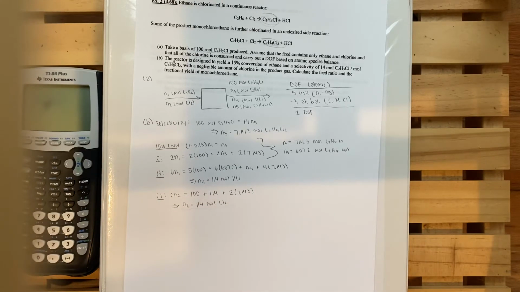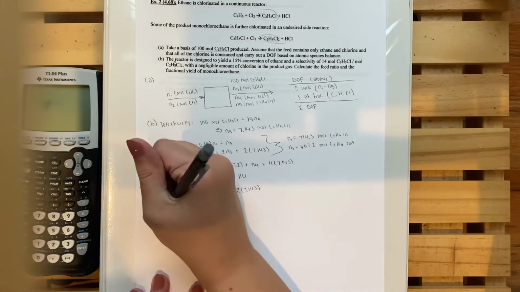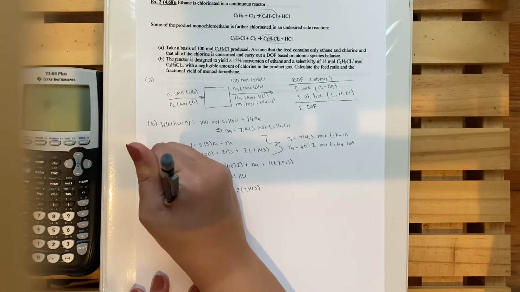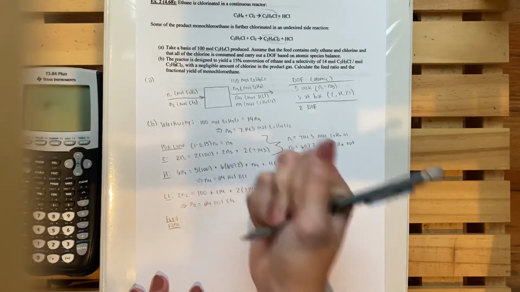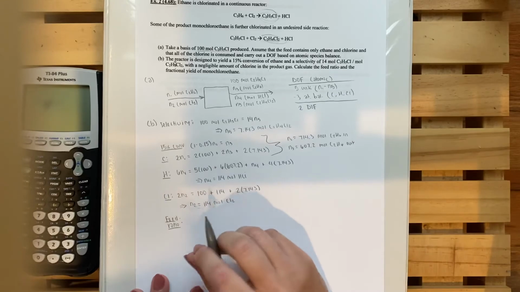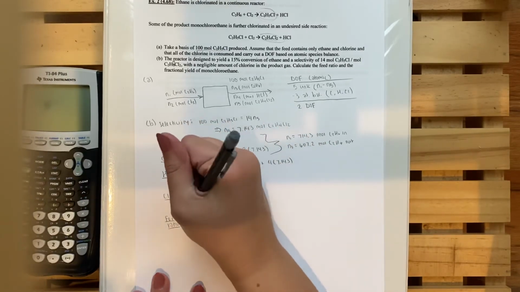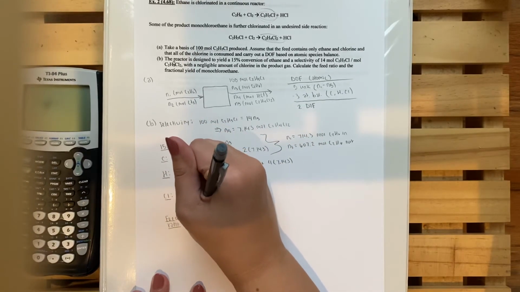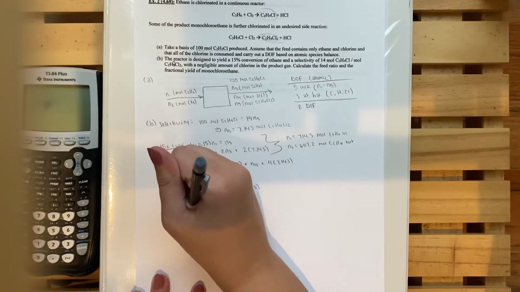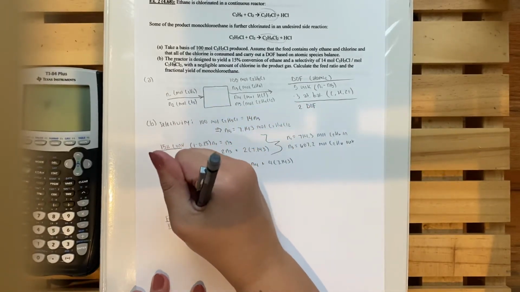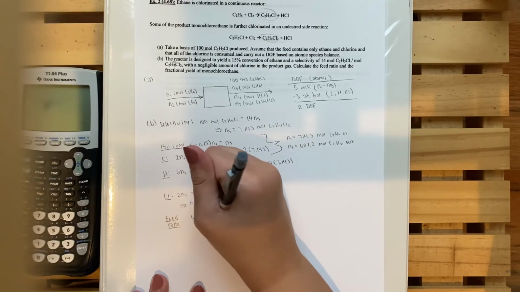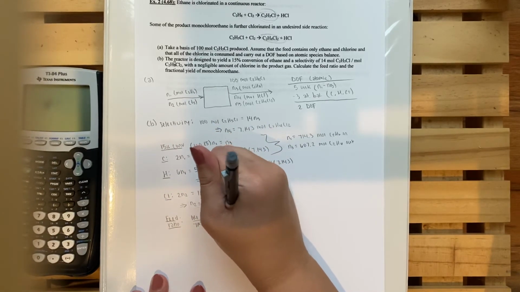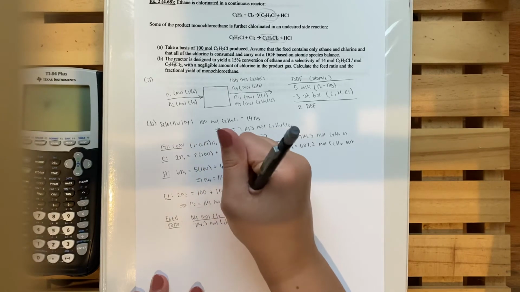Okay, so now we are going to figure out our feed ratio. And our feed ratio is just going to be 114 moles of Cl2 per 714.3 moles of C2H6.